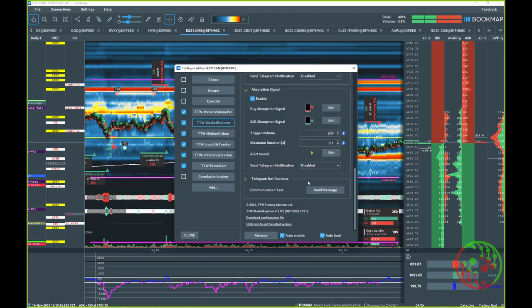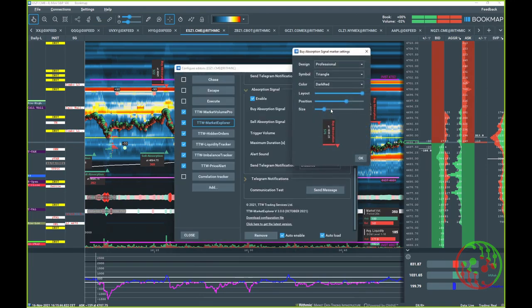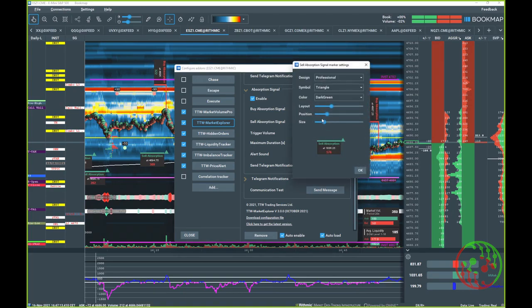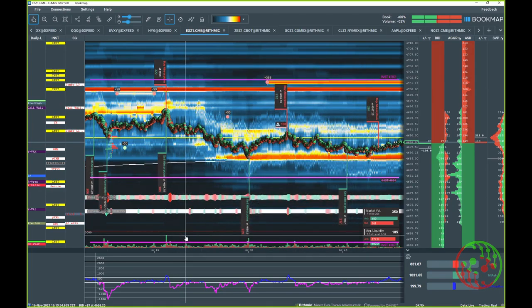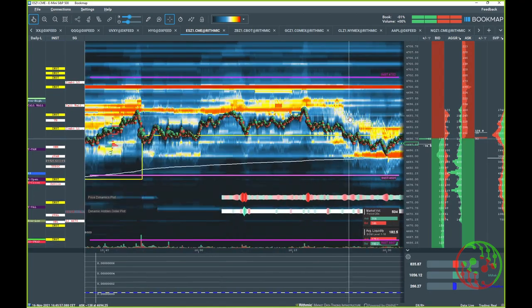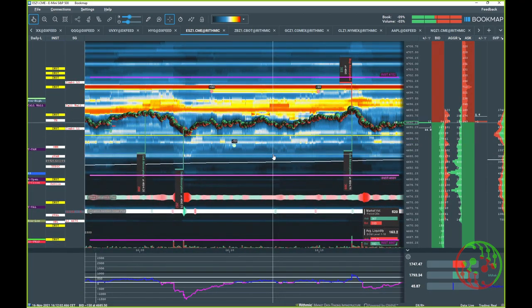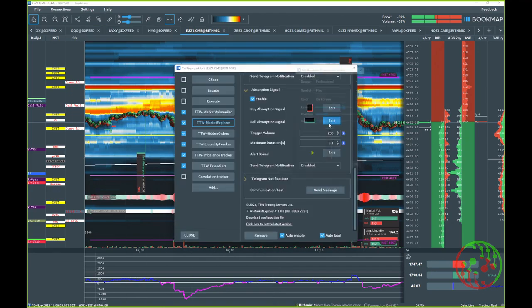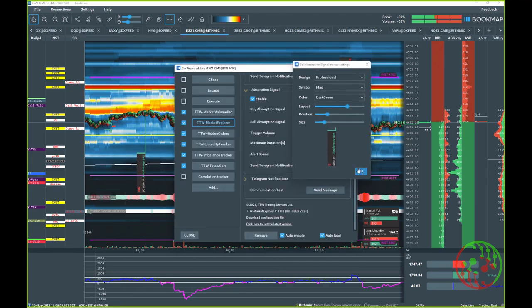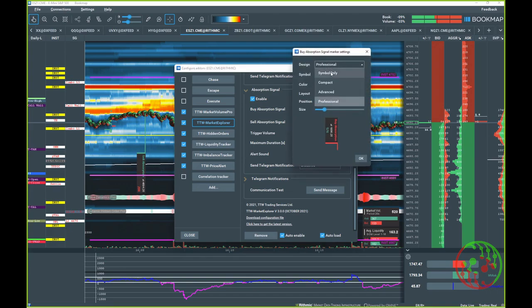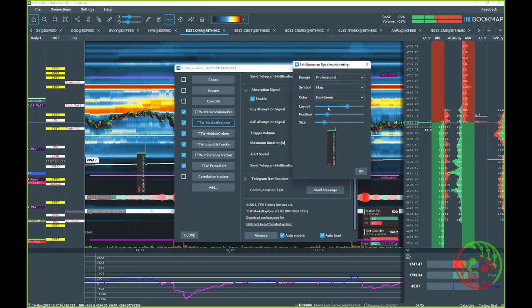Let me just adjust this a little bit here. I don't like these flags here. A symbol is okay, I don't need anything else.